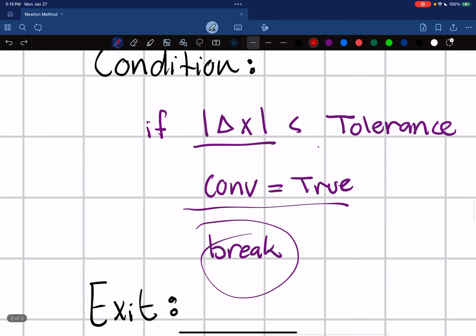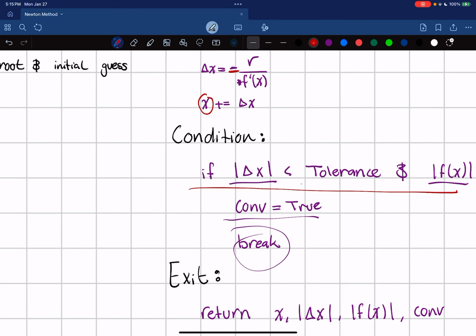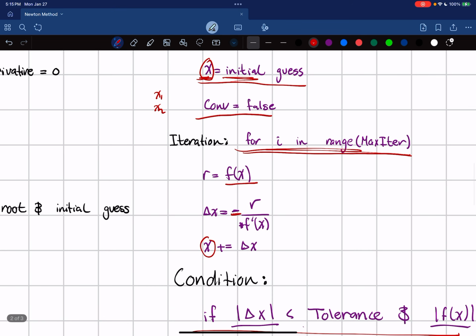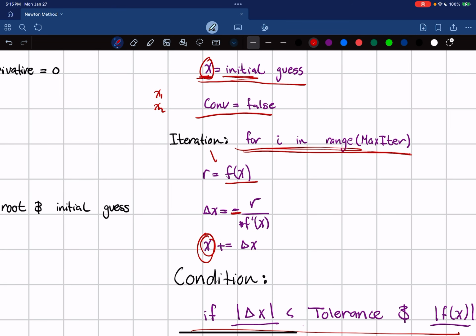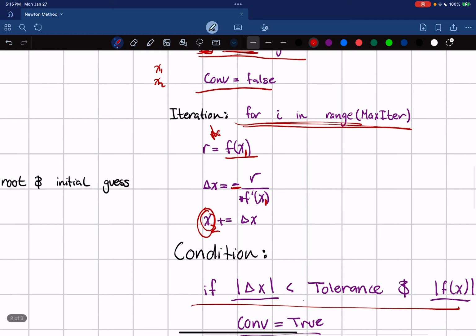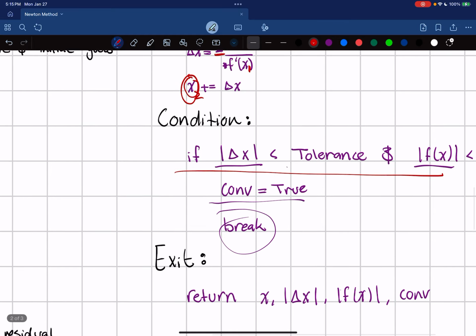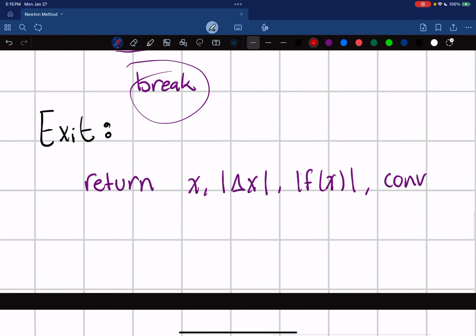So when I don't converge, when this condition never runs, I go back to the for loop and run again with my new x. So this becomes x1, this is also x1, and this is the new change, and this now turns into x2, and so on, until you either break or you finish your max iterations. Whichever happens, you'll return your x value, which is your approximation.